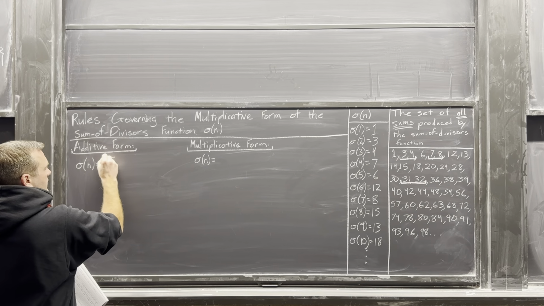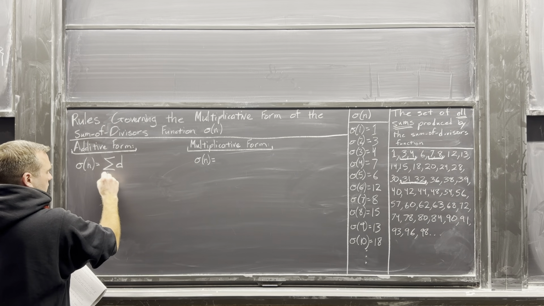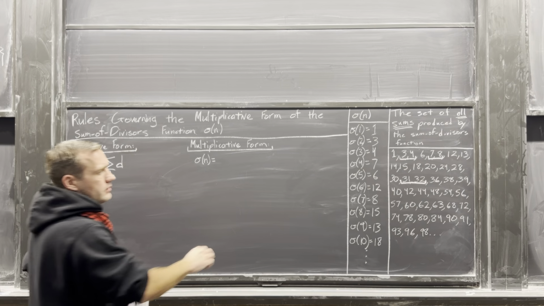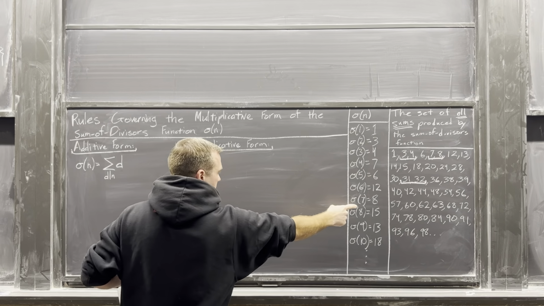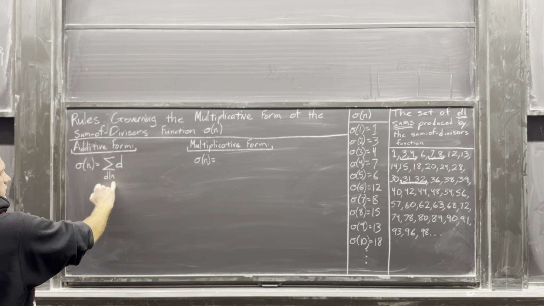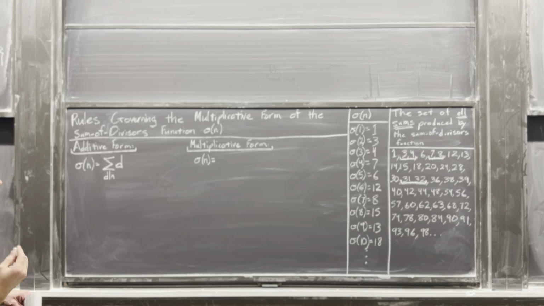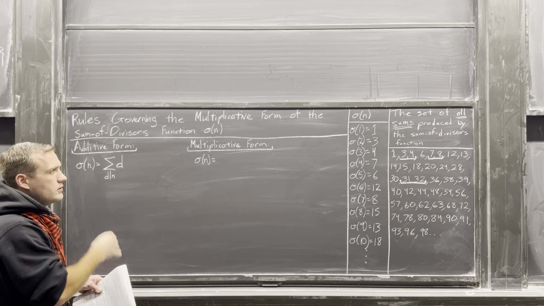And we write this as the sum of the divisors, where d is the divisors of n, right? So whatever the n number is, so let's say it's 6, we add up the divisors of 6, and we get the exact precise sum every single time, as long as we have all the divisors.